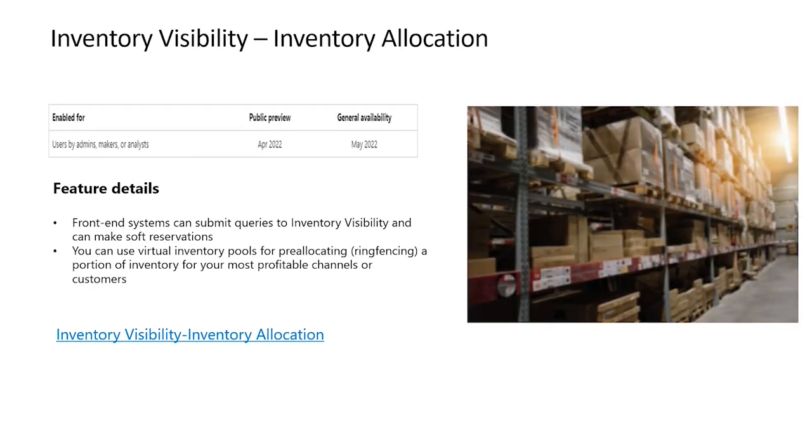And then the last item I'm going to be talking about today is the inventory visibility for inventory allocation. So for this feature, it enables this idea of soft reservations, where you can allocate for a specific function.